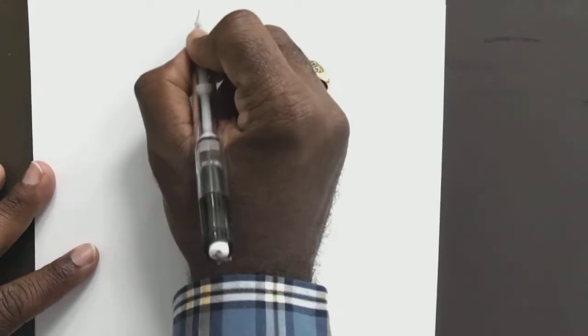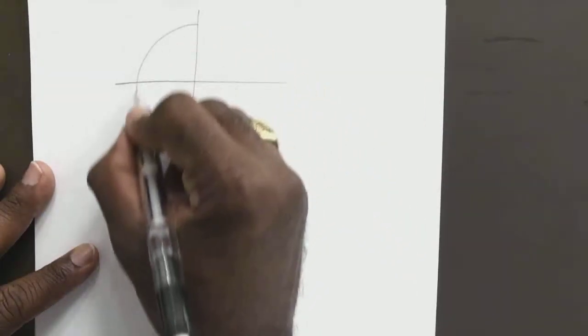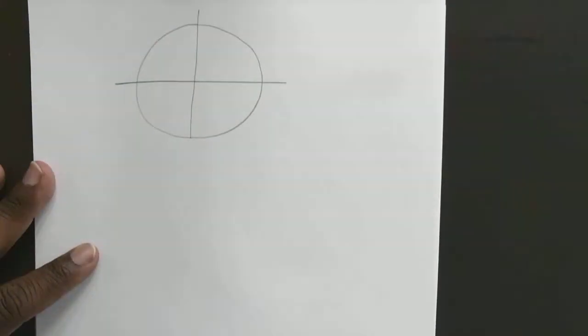All right, so now we already know about the points on the x-axis and y-axis. Now we're going to look at certain values in between there. Again, let's draw. That was pretty good.